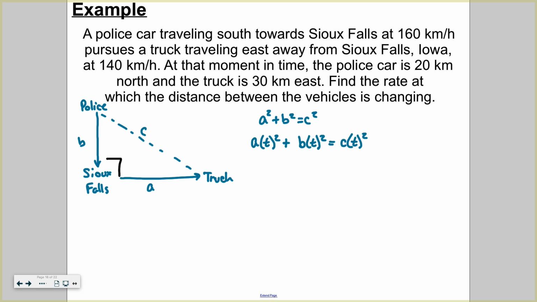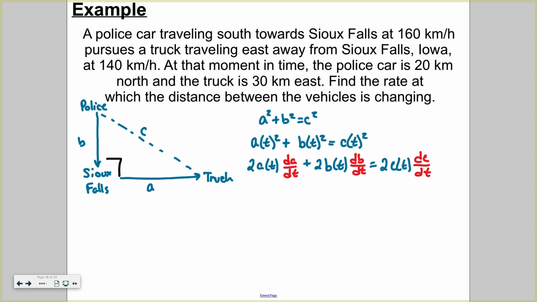And then we can take the derivative of all these things. So we're going to have 2 a of t times dA over dt plus 2 b of t times dB over dt, and that is going to equal 2 c of t times dc over dt.